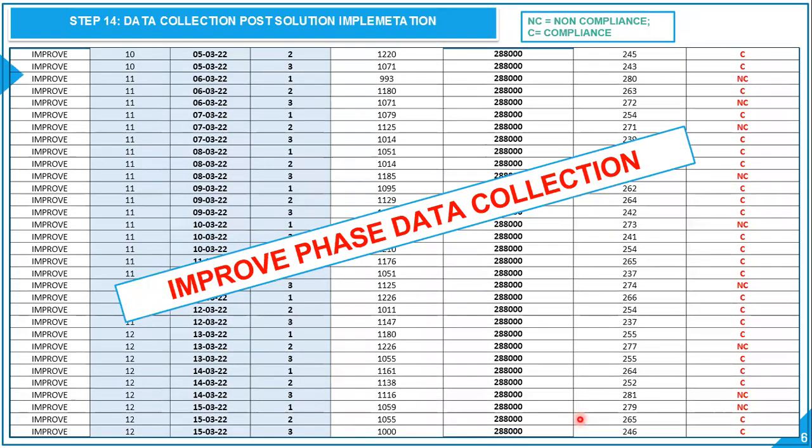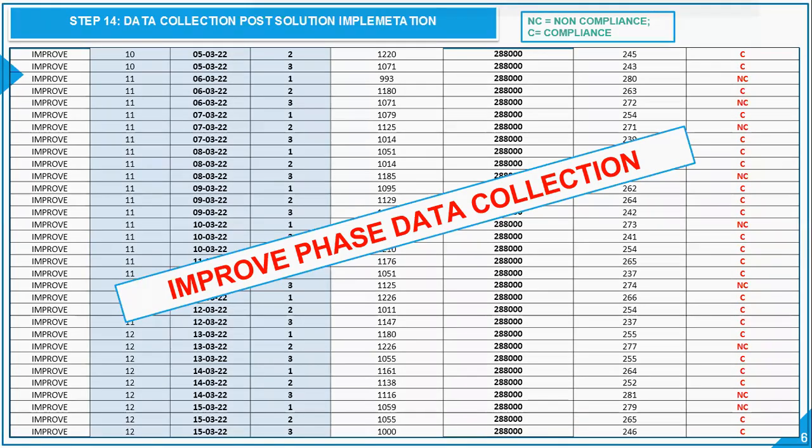Again, this is something which we are not supposed to compromise upon, the way we compromised it in measure phase, but here we have to get it, because this is all about solution implementation and testing whether the solution which we implemented for a short period of time has really given some significant impact on Y or not. So we have to collect this data in improve phase.